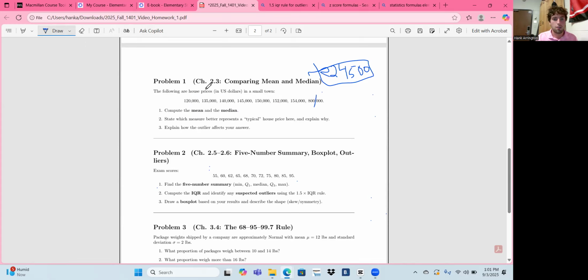So we'll start crossing off, cross off, cross off, cross off, until we're left with these two values. Now we're going to get the average of these two. So we'll add these two together and divide by 2. Whenever you do that, you should get 147,500 as the median.